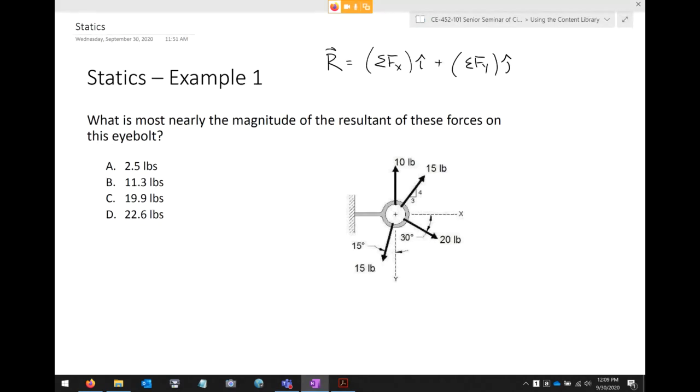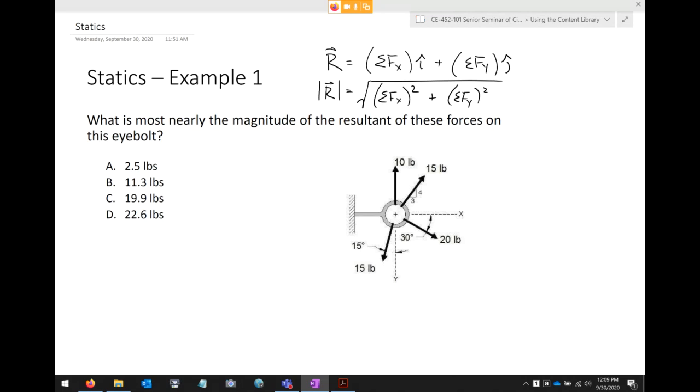Probably what I'll do is separate this into just x and y components, and then recognize that the magnitude of the resultant is the sum of the x components squared plus the sum of the y components squared, and then break out the Pythagorean theorem. That's how we're going to assess this problem.